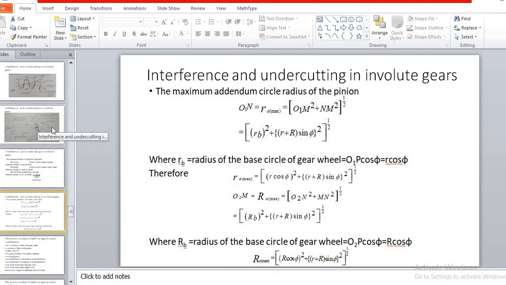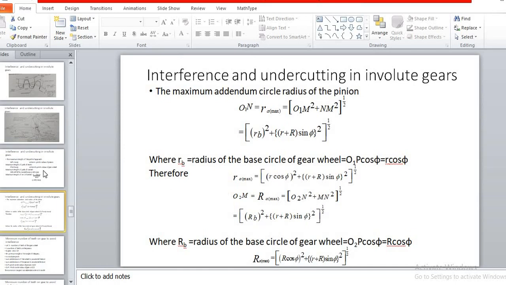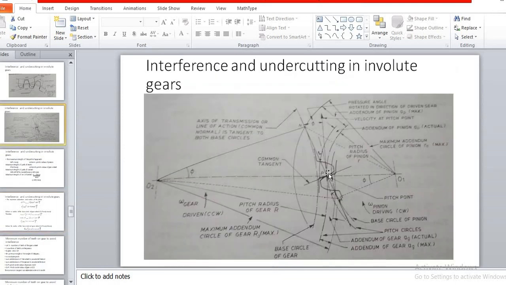Again we consider a similar right angle triangle O2NM. The summation of squares of these two sides, O2N and NM, is equal to the square of this hypotenuse. This is the right angle triangle.